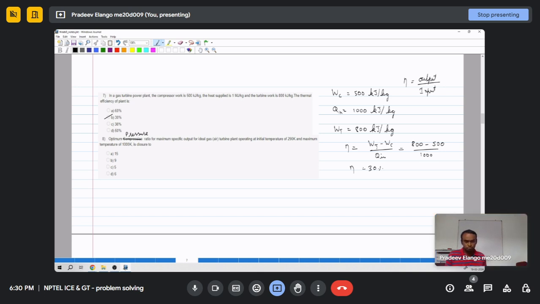So what do we need to find there? We need to find which of these pressure ratios will give me maximum specific output.